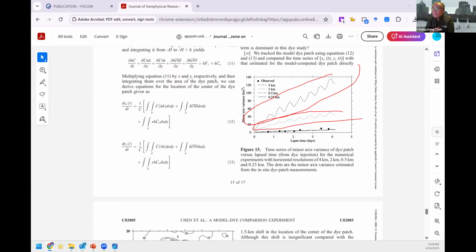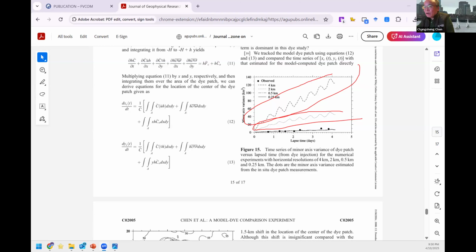That is observation. From this dye you can calculate what the diffusion coefficient looks like. So then you use the model to treat the dye correctly. You find it is really resolution dependent. If you really want to get the dye correctly, you have to have a convergence study. You have to have a very high resolution. Then you can get the dye tracking correctly.